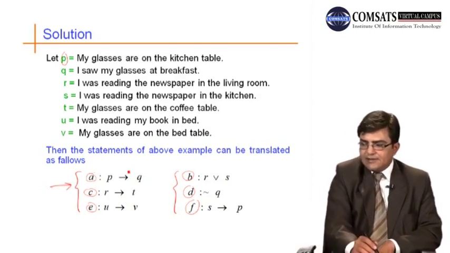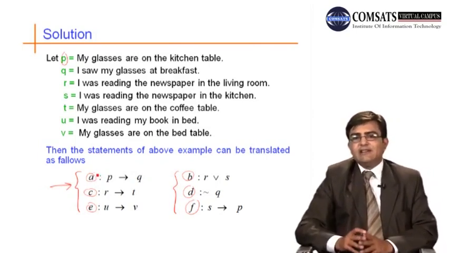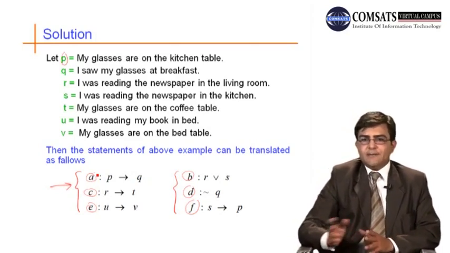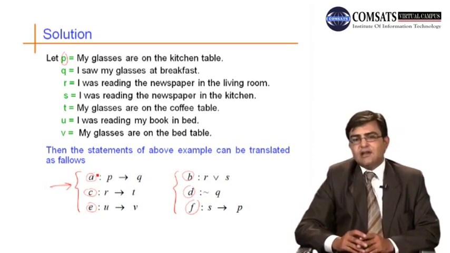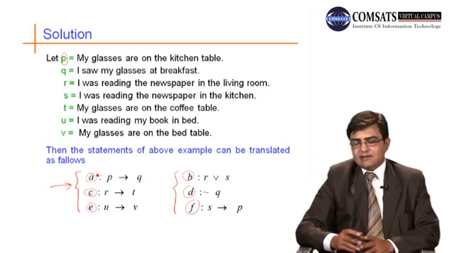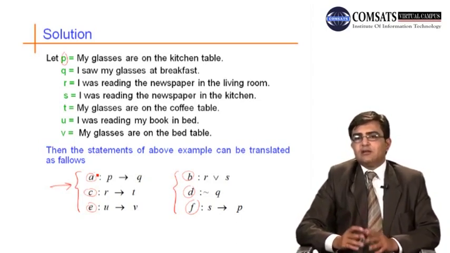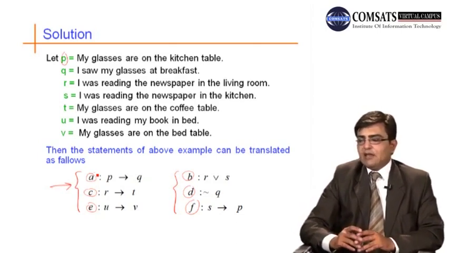Now using these premises and using the different valid argument forms which we have studied earlier, modus ponens, modus tollens, conjunctive simplification, disjunctive addition, and so on, we will draw some conclusion from the given premises.